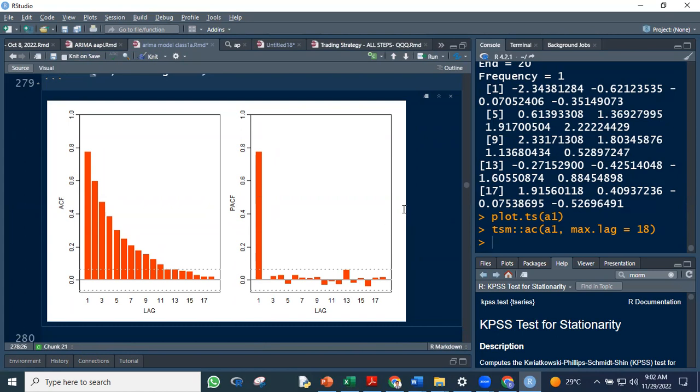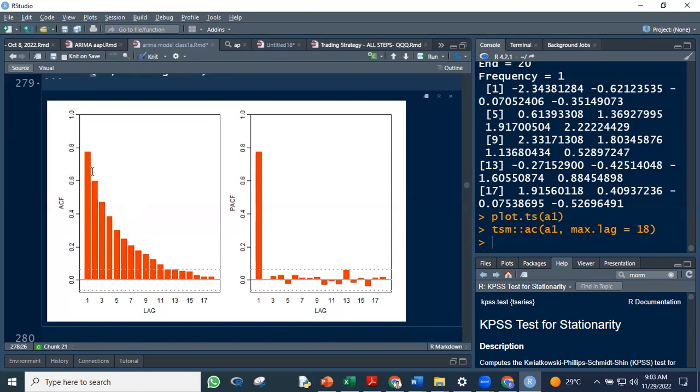Okay, so next meeting, we're going to discuss how do we determine kung AR process or MA process. Okay, just to get ahead of myself, to know if it's an AR process, titingnan natin yung PACF, partial autocorrelation. Pag yung partial autocorrelation may significant spike at certain lags, AR process yan.